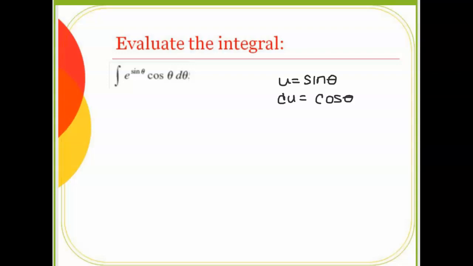And then you go from there. So you get the integral of e to the u du, which is e to the u plus c, or e to the sine theta plus c. Nothing extra.